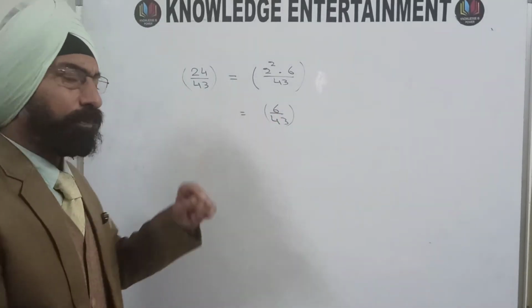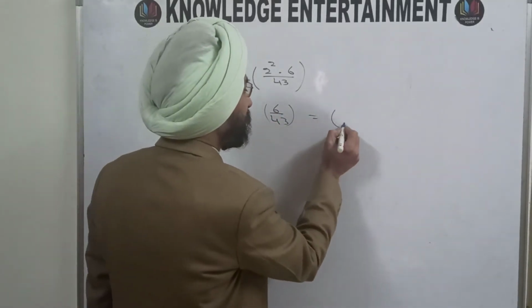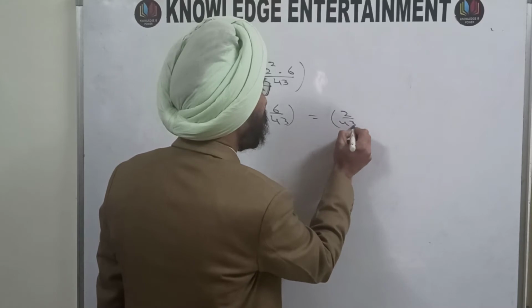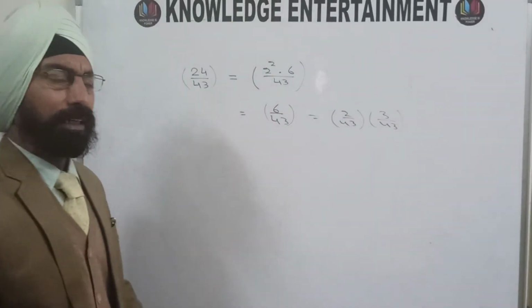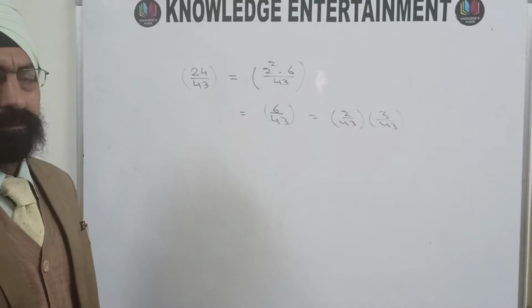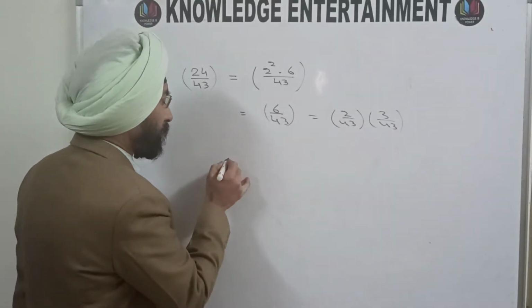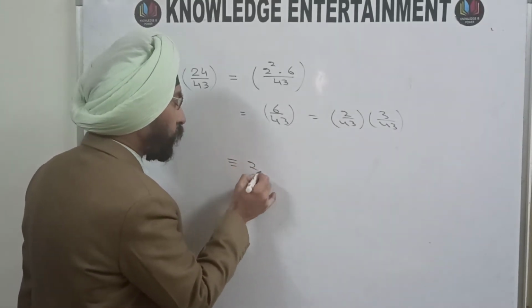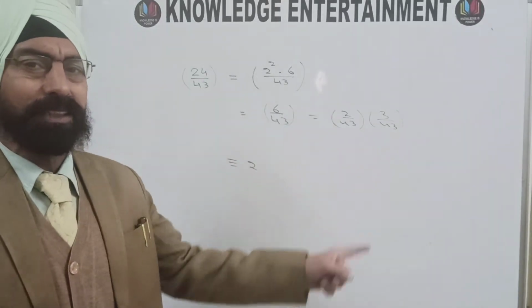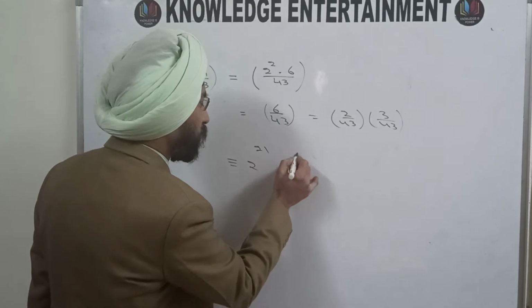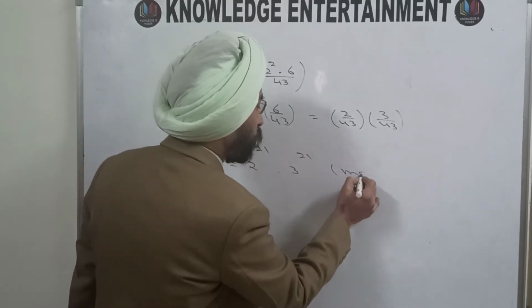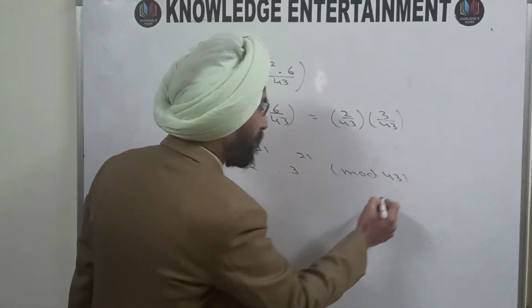Further, 6 upon 43 can be written as 2 upon 43 into 3 upon 43. Now, 2 upon 43 is congruent to 2 raised to the power 43 minus 1 by 2, which is 21. Now it is easy. 21 into 3 raised to the power 21 modulo 43.